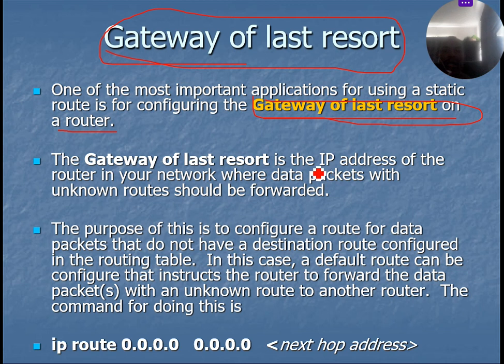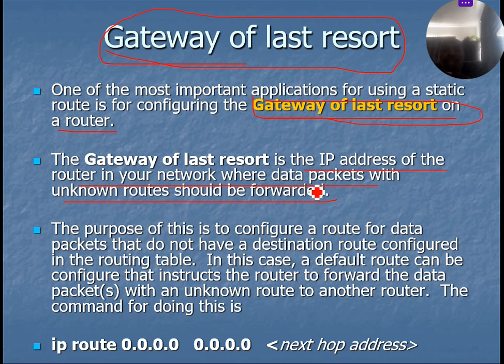So when we say the gateway of last resort, it is usually the IP address of one of the routers in your network where data packets with unknown routes will be forwarded, because there are some data packets for which we don't know the address of the destination. So when we have this type of data packet, we have to forward it to this particular IP address, which is called the gateway of last resort.